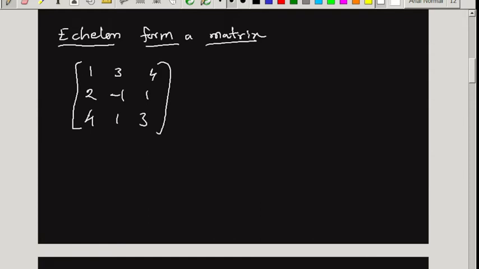Let us consider this as a 3 cross 3 matrix. Here we can do any row transformation. We can subtract R1 minus R2, or we can multiply, anything we can do.